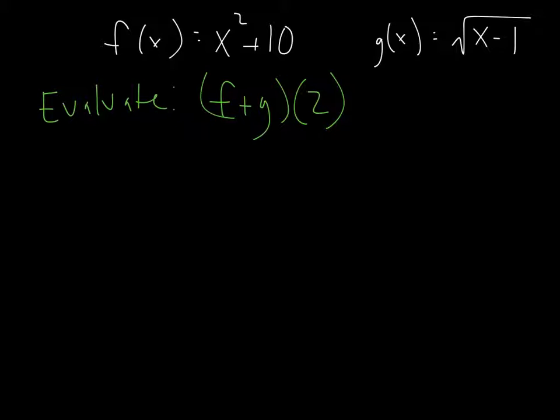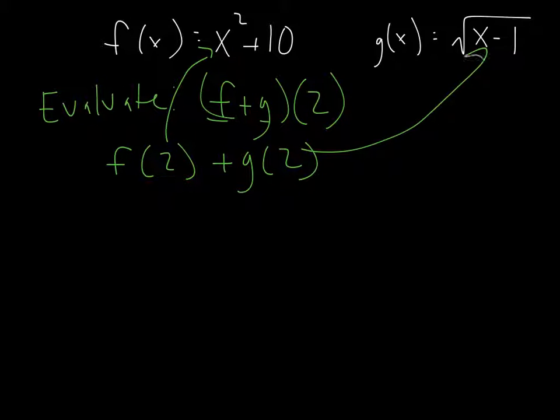Well, what does that mean? Well, that means I'm going to evaluate the f of x function at 2 and g of x function at 2. So what that really means is taking f of 2 plus g of 2. So I'm plugging in 2 into the f of x function, and I'm plugging in 2 into the g of x function.